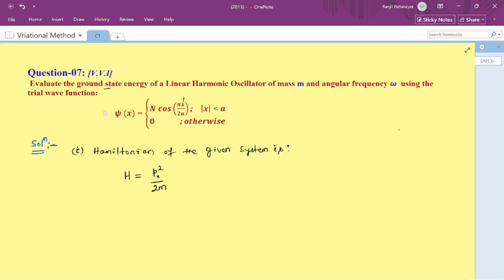Here you can see only x is there in your wave function, so it is a one dimensional harmonic oscillator. H equals Px square by 2m plus V(x); this is the kinetic energy part, this is the potential energy part.